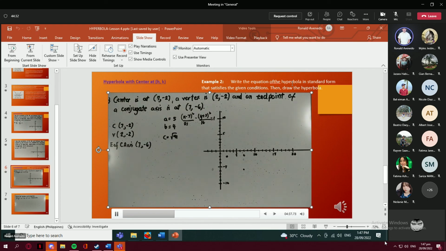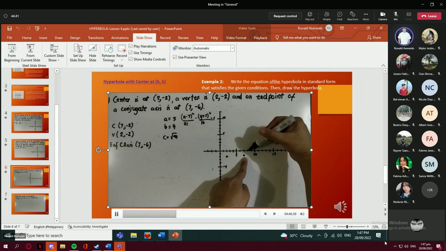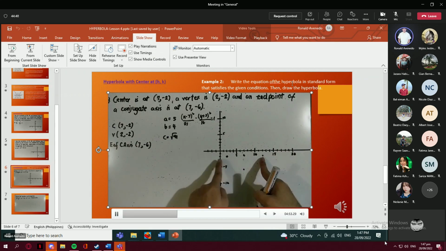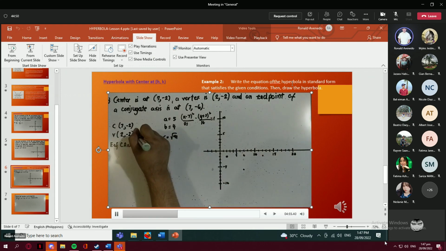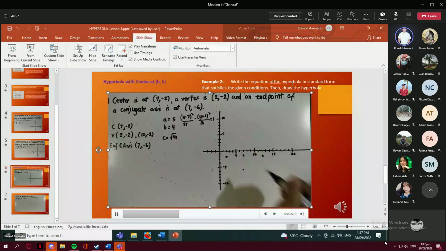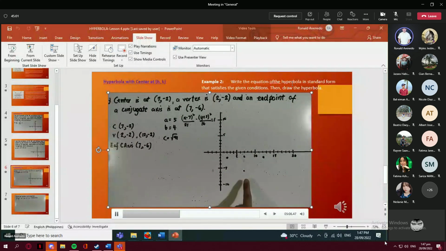So we will now graph the center and the vertex, the distance is 5. So we will count also 5 to the right. 1, 2, 3, 4, 5. So the second vertex is 12, negative 2. Then the second endpoint of the conjugate axis.